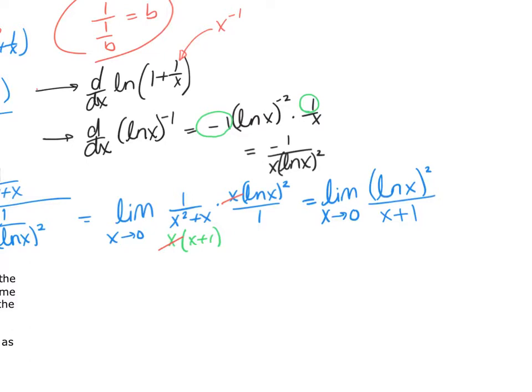Okay, so now I'm going to do L'Hopital's again. In other words, I'm going to do the derivatives again. So when I do the derivatives again, I'm going to get the limit as x approaches 0 of 2, the natural log of x to the power of 1, multiplied by 1 over x, divided by 1.